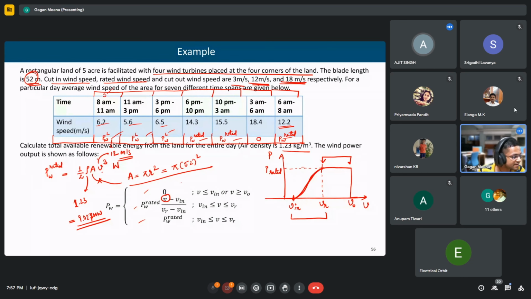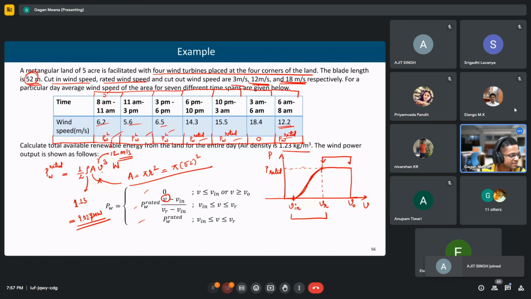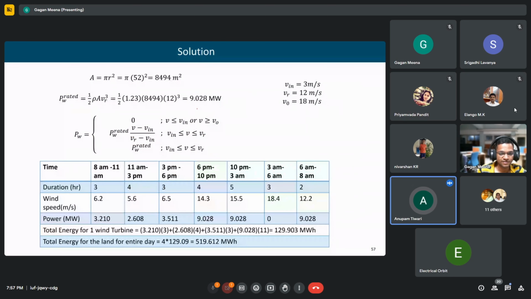Yes, Ajit, are you saying something? Then you have to sum it all. Then we have to multiply by 4 also because there are 4 turbines. Correct, very good.